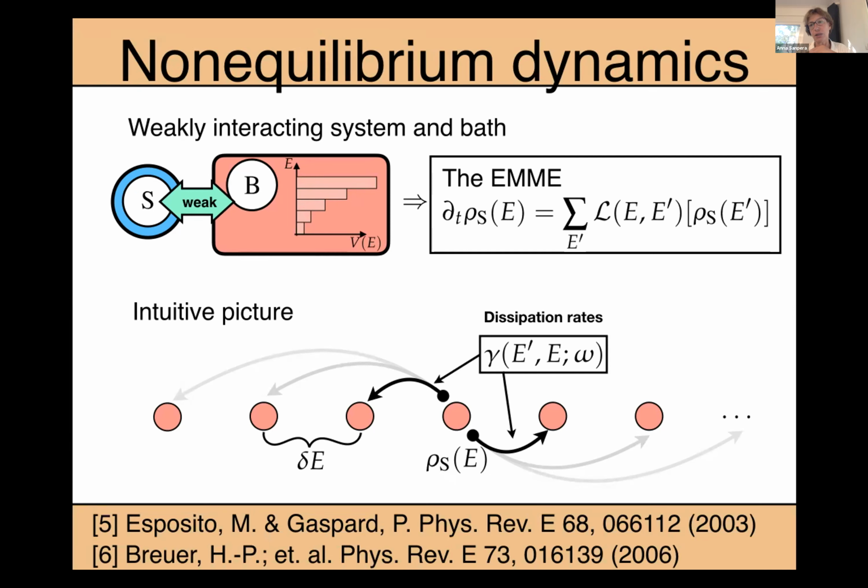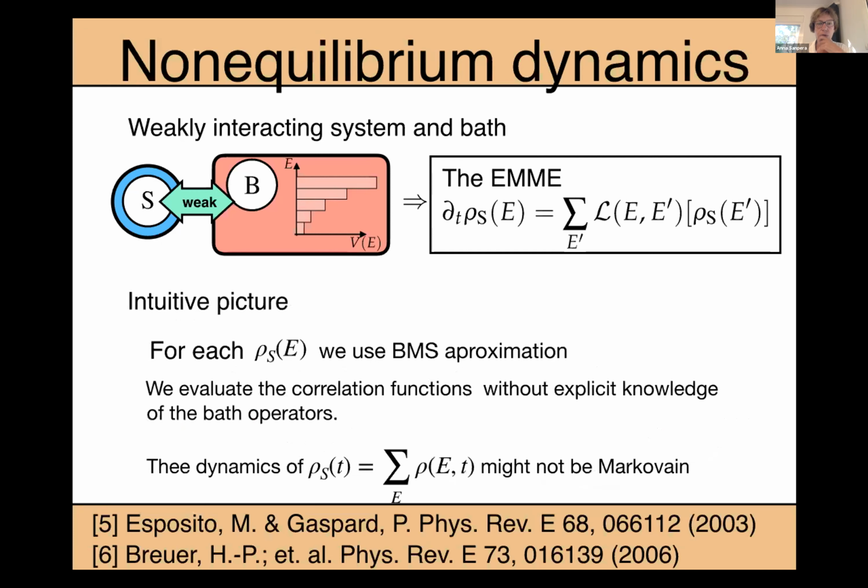but it can be solved in a very similar way in which we solve the Born-Markov approximation. So what we do is that for each conditional state of the system, we use the Born-Markov secular approximation.